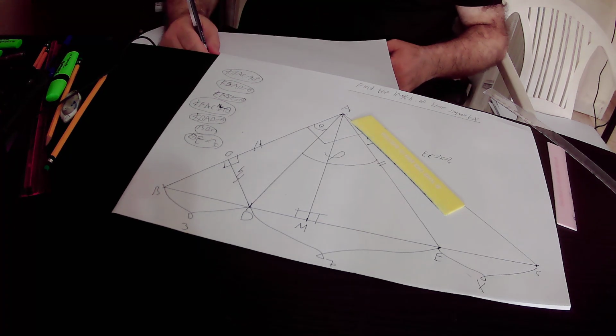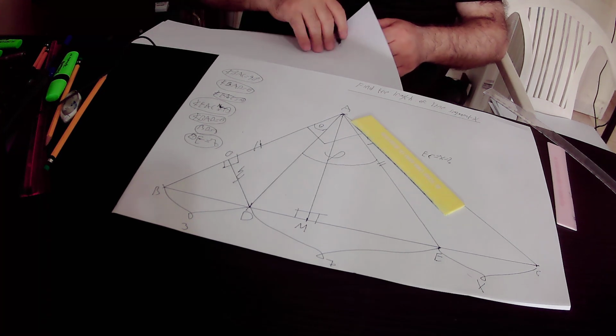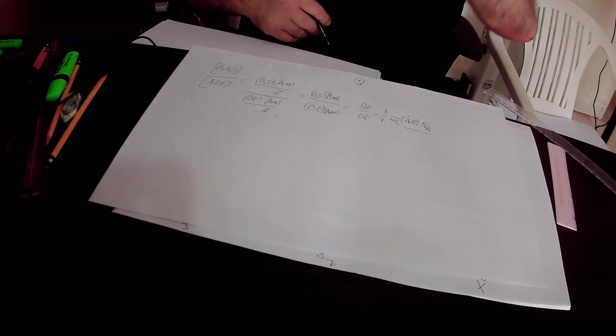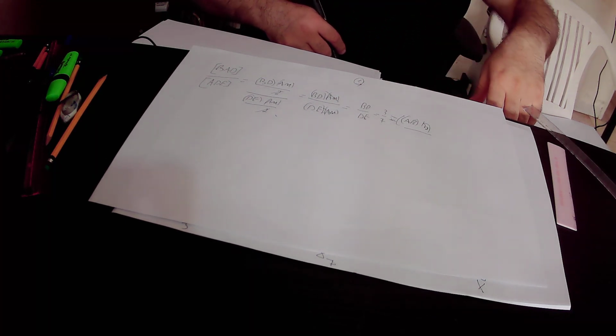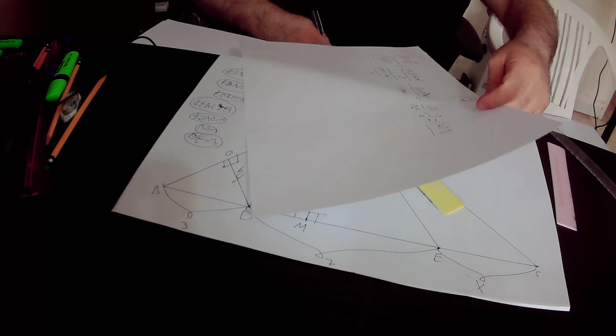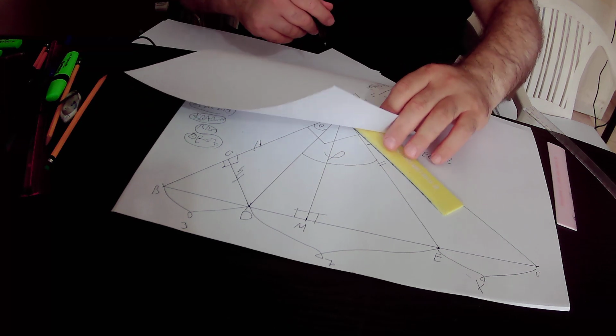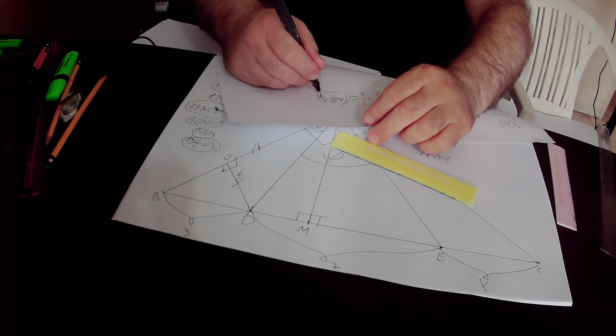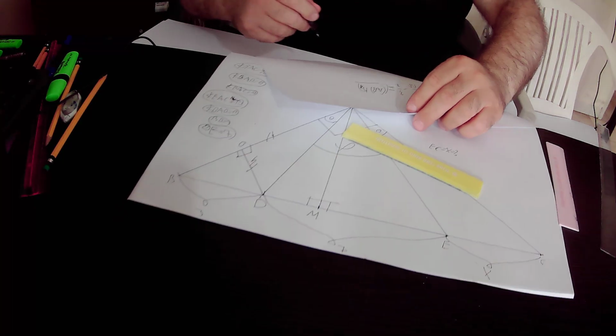I will repeat again. The area of triangle ABD equals the base, that is AB, times the height to the base, that is H1, over 2.